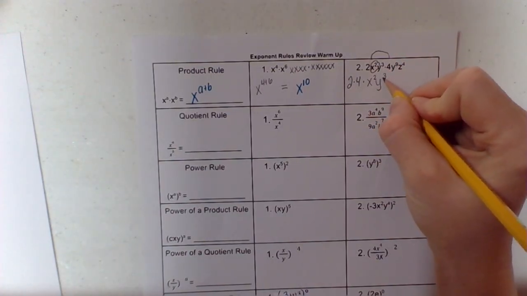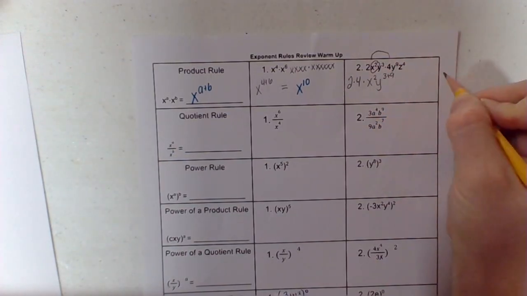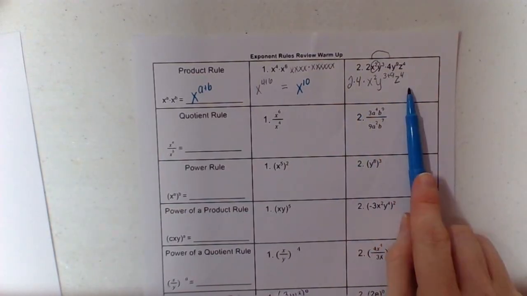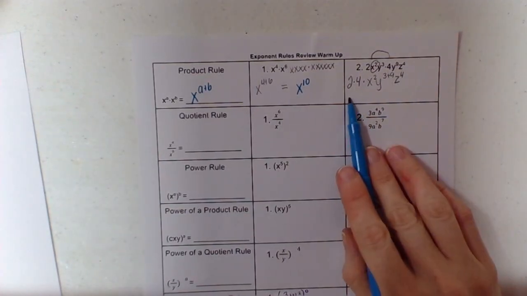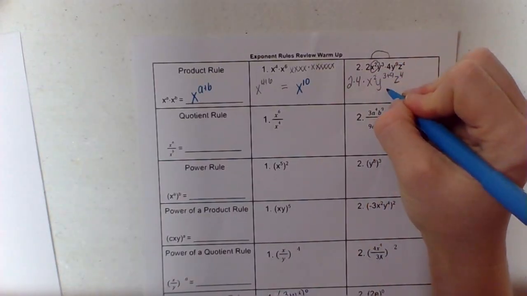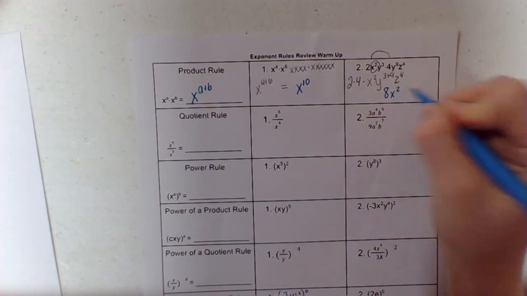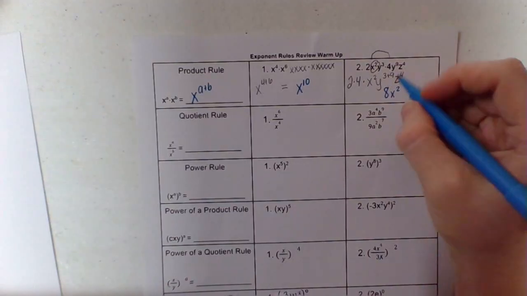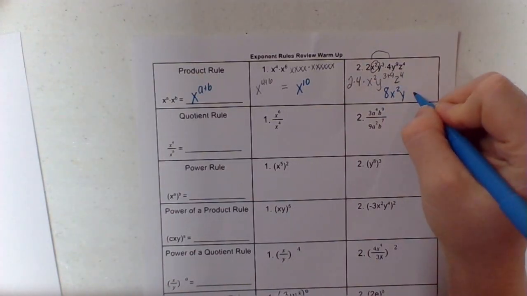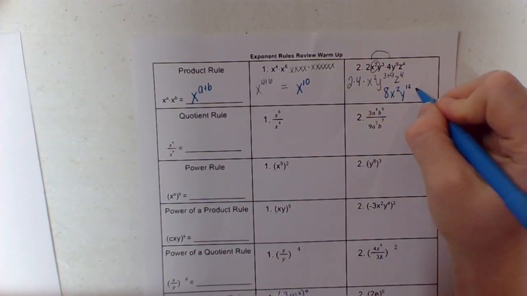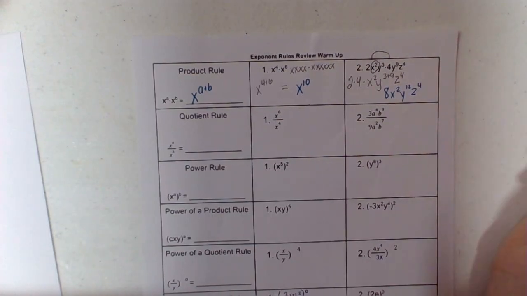I have 3 of them, and then I have 9 more. Then I have z to the 4th. Now we can combine all this stuff together. I have 2 times 4 gives me 8. I only have one set of x's. My y's combined to give me 12. I had 3, I added 9 more. Then I have z to the 4th.